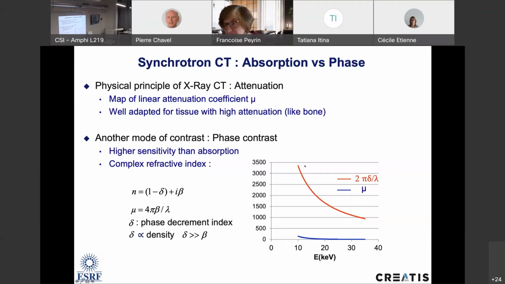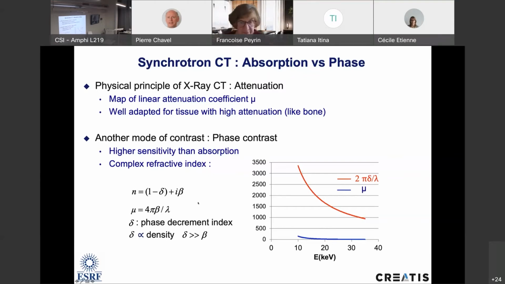This phase decrement index is represented here as this red line for bone, for instance, and you can see that it is quite high compared to mu. That means that if we are able to image this parameter, we will have images with a higher sensitivity than the conventional images that use absorption.